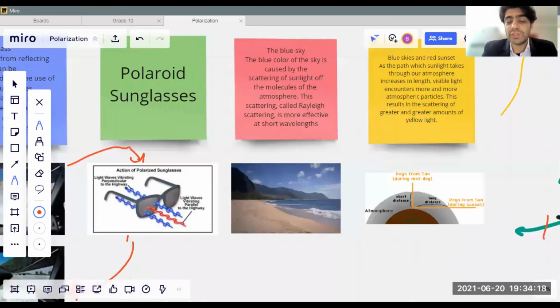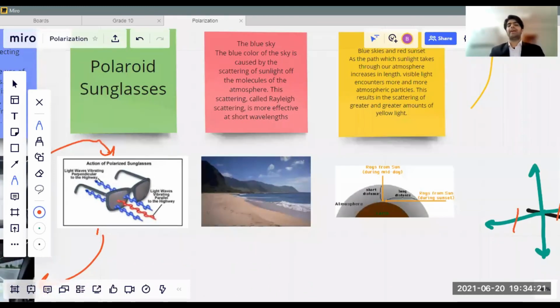The other application, which is very common, and sometimes children ask us a very simple question: why is the color of the sky blue? The blue color of the sky is because of polarization, through a method we discussed, polarization by scattering. Whenever light scatters, all the colors, depending upon their wavelength, scatter at different angles.